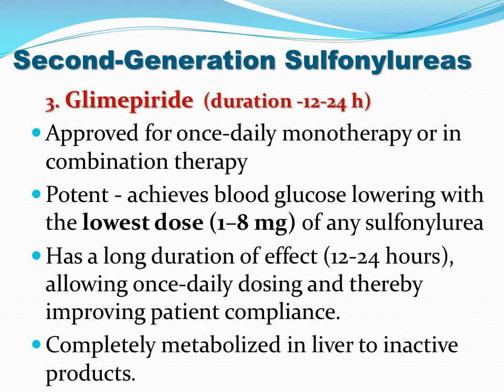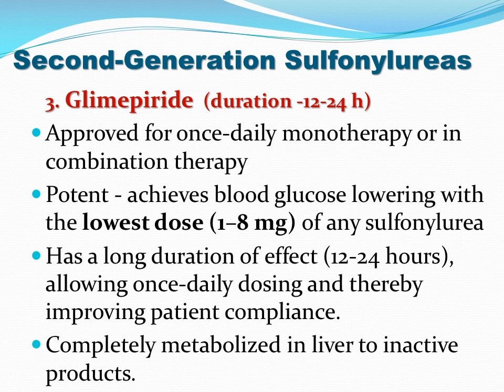Glimepiride has a long duration of action, and it is the most potent drug in this group, approved for once daily monotherapy or in combined therapy. Potent, it achieves blood glucose control with the lowest dose, about 1 to 8 milligrams, of any sulfonylurea.